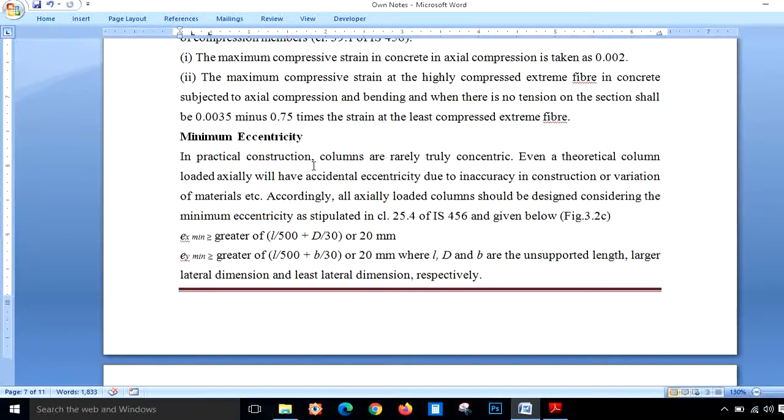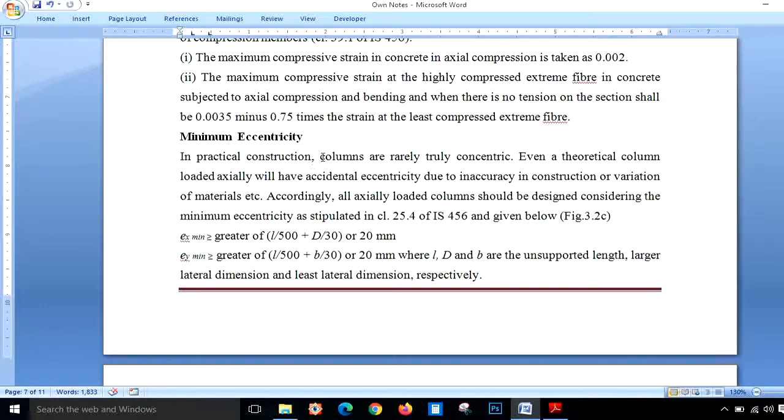In practical construction, whenever we design a column only for axial load without any eccentricity, it is not possible exactly at the site. Why? Because at the site there might be man-made or accidental errors which induce eccentricity in the column.